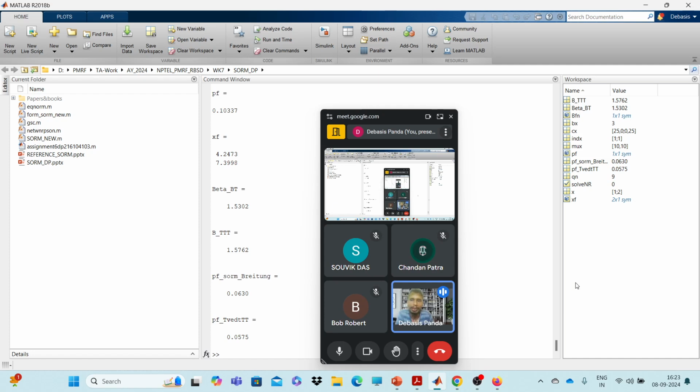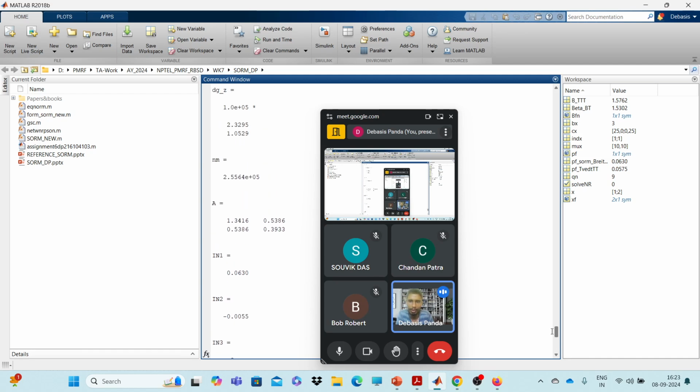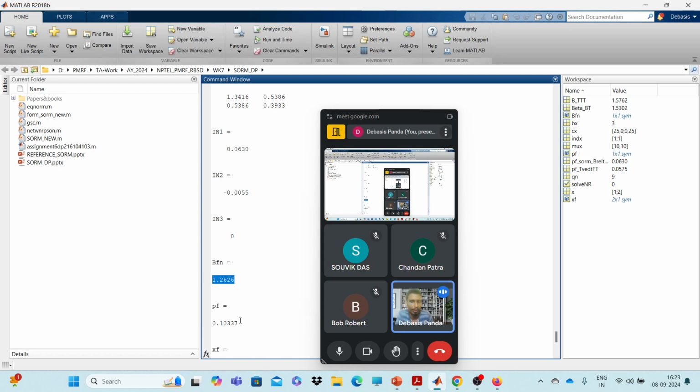Okay. So beta, look, in first order, if we solve it using the first order reliability method, beta is equal to 1.2626. Probability of failure is equal to 1.01. Now, if we go for the second order, using the Breitung approximation we get beta of 1.5302, right?